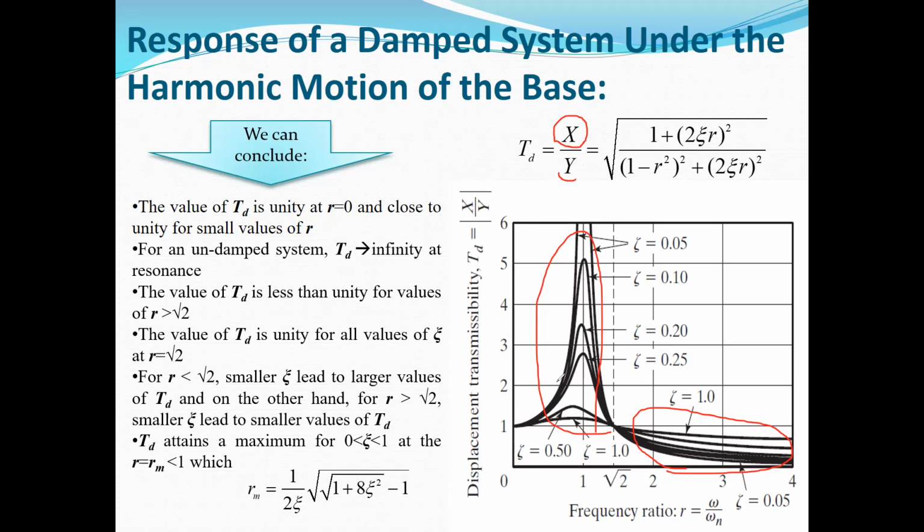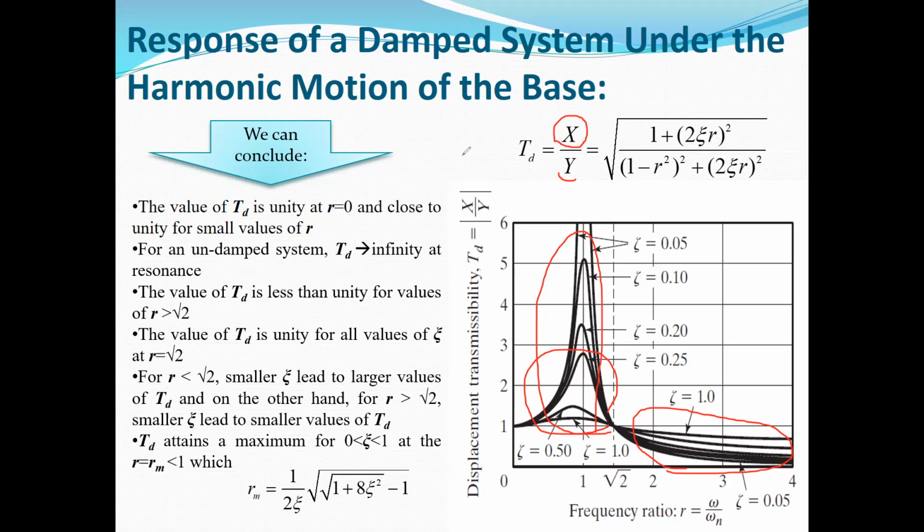So we should try to design a vibrating system whose frequency must be in this area, or in other words, the frequency of the excitation, which is in fact the frequency of the ocean waves, must be less than 1.4 times the frequency of our system.